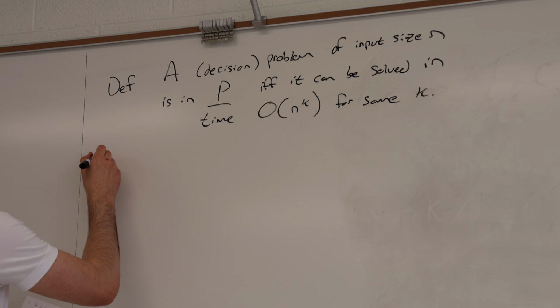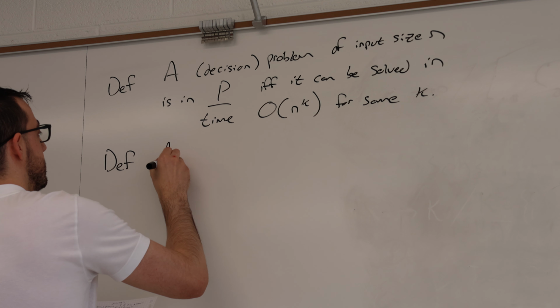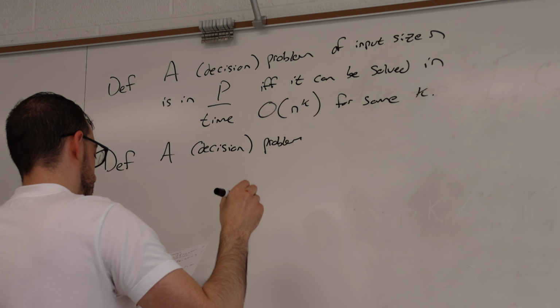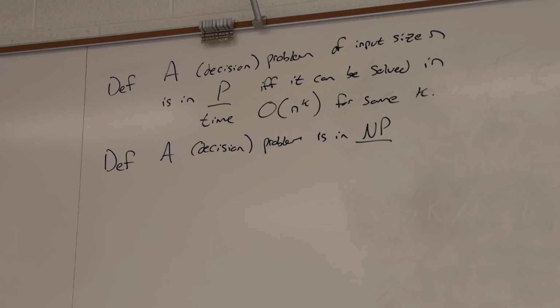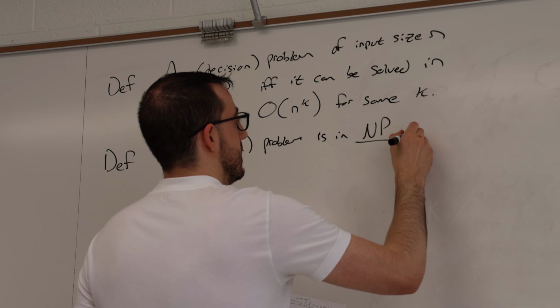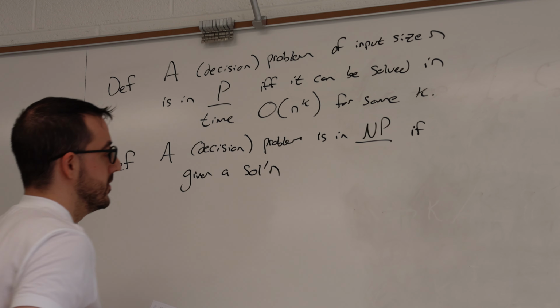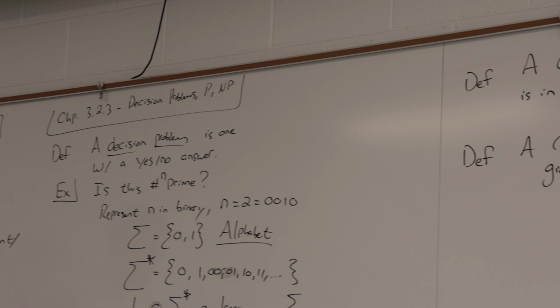Okay. The next class, so these are the two that you sort of absolutely must remember. Hopefully you've seen them before. Same thing, a decision problem is in the class NP if its solution can be verified in polynomial time. So a decision problem is NP if, given a solution. So what do I mean by a solution? That would mean a yes answer to this decision problem. So something being in the language.